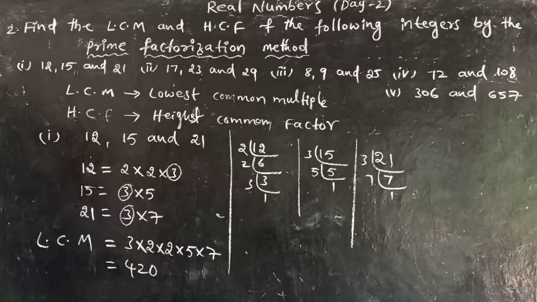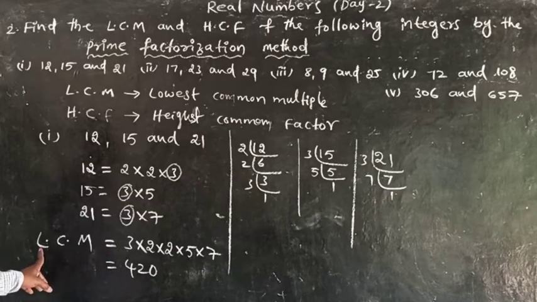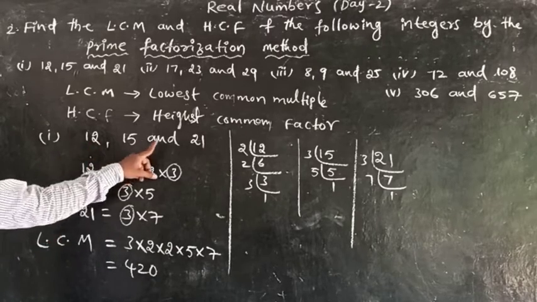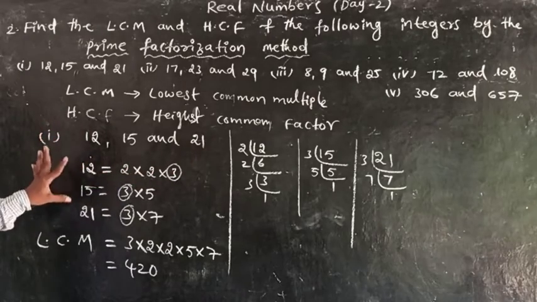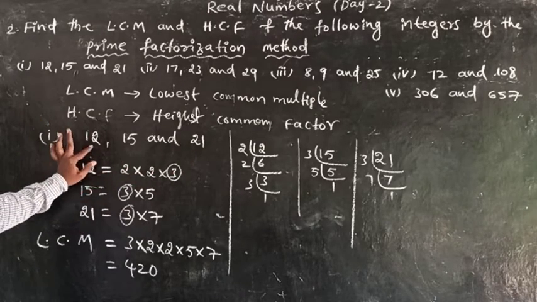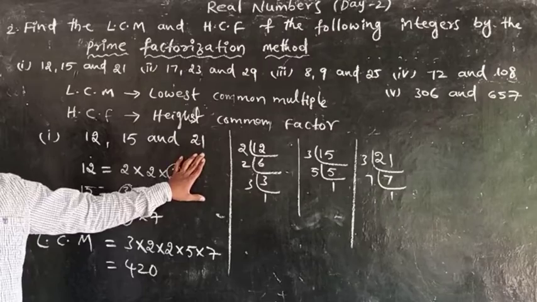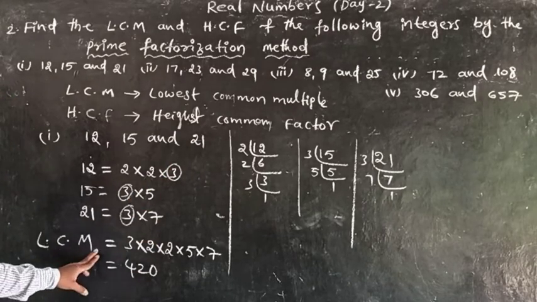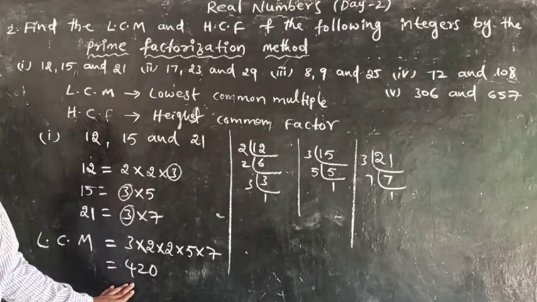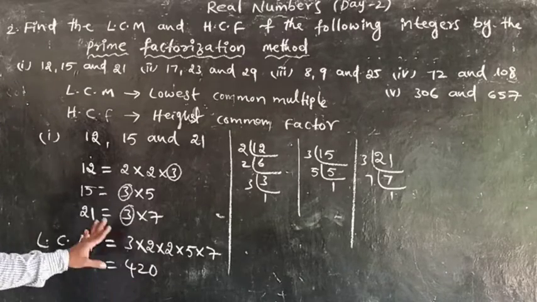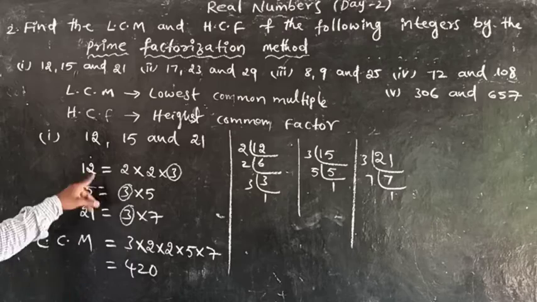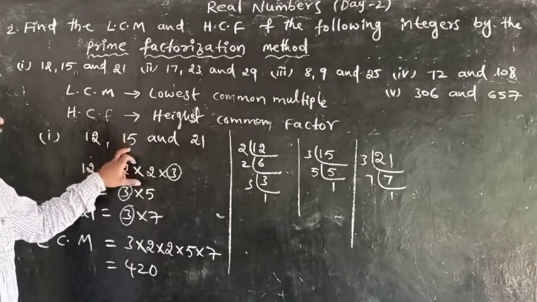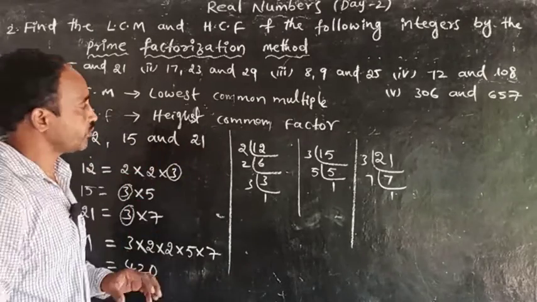So 420 is the LCM of the 12, 15 and 21, the lowest common multiple.